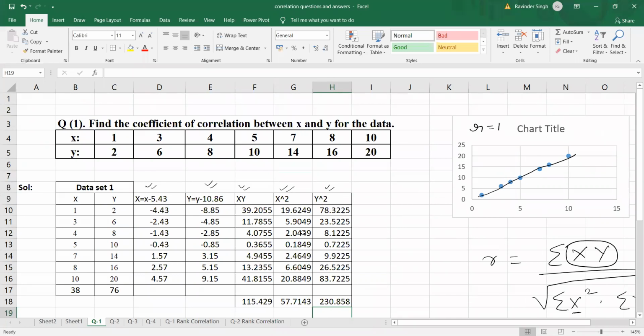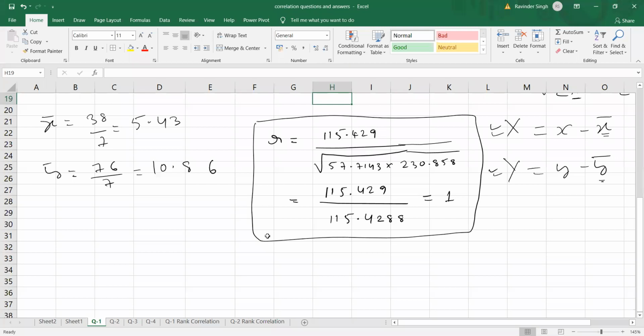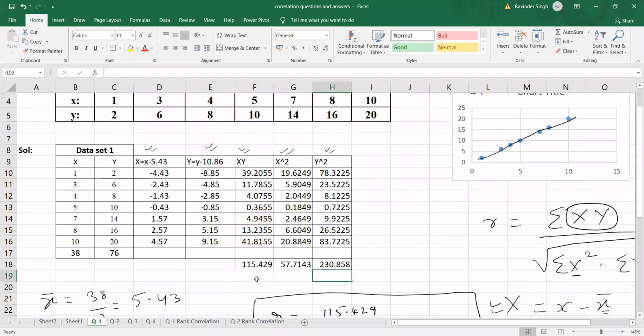So from this R, from this whole calculation, what you have to say is that X and Y are positive and has very strong correlation.